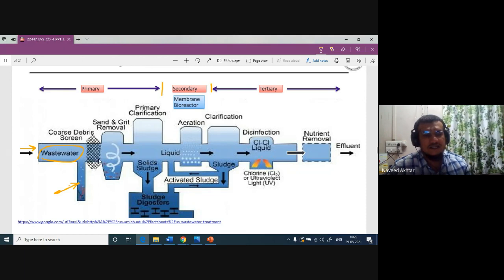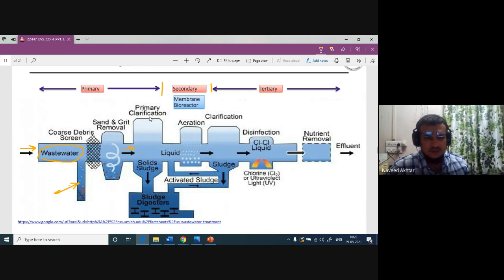Then the sand and grit remover chamber is there, where the heavy particles and grit settle down, and then it moves to the primary clarification.